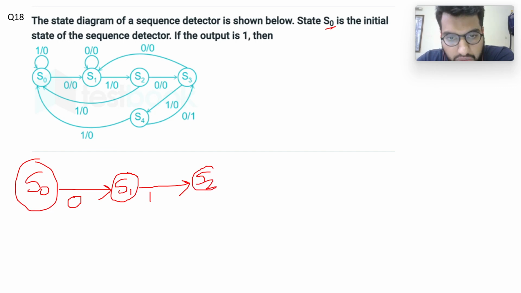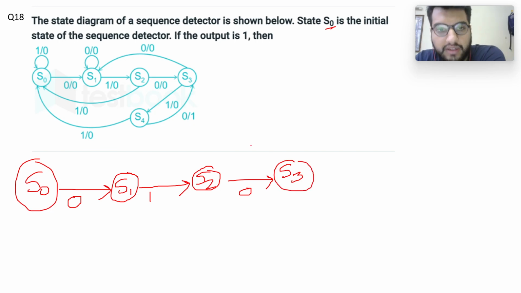So I am at S2. Now I am at S2 and I am going to S3 with input 0. Now I'm at S3 with input 1. I am moving forward. With input 0 I am going back. That doesn't help me because I am finding the sequence. I am only looking at forward propagating arrows. Now I am at S3. I am going towards S4 with input 1.